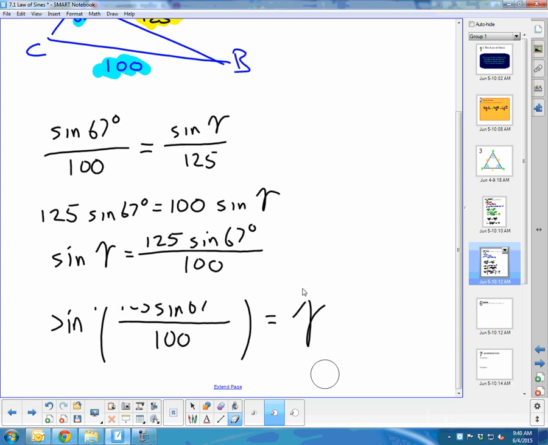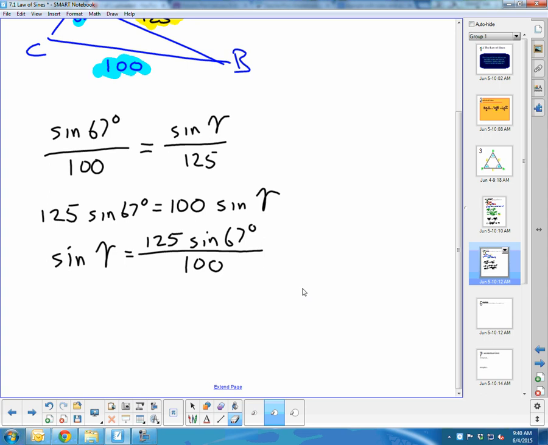Let's take a step back and look at why we ended up with that error. Instead of writing gamma using the inverse trig function, let's leave it as sine of gamma, and evaluate the right side of the equation. Put it into your calculator, get a decimal approximation, and see what it is.